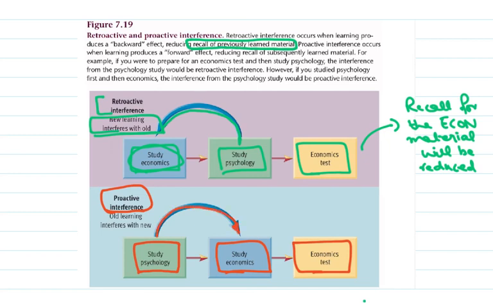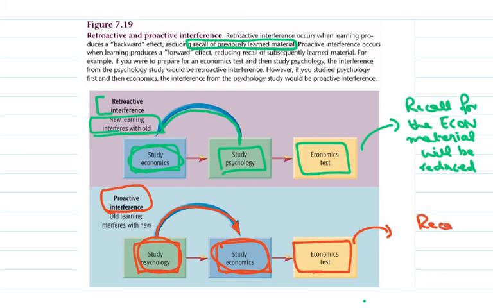Because you had studied psychology earlier, you're not able to retain much of what you're studying of economics. So this would hamper your retention on the economics test because of what you had studied earlier.